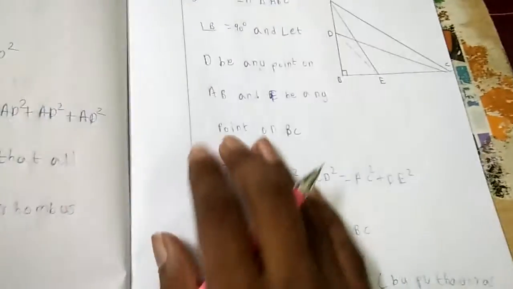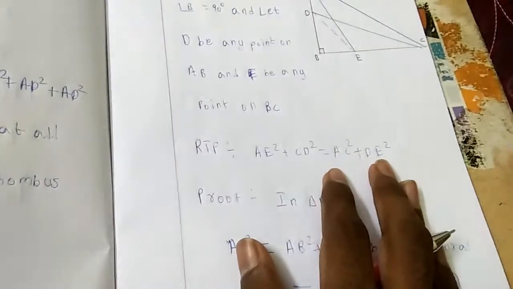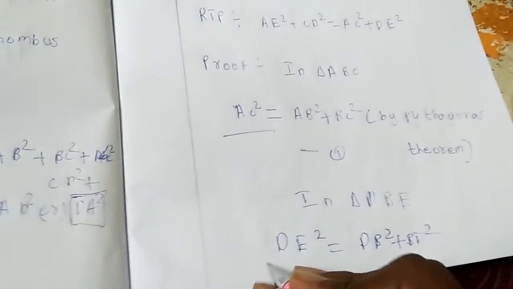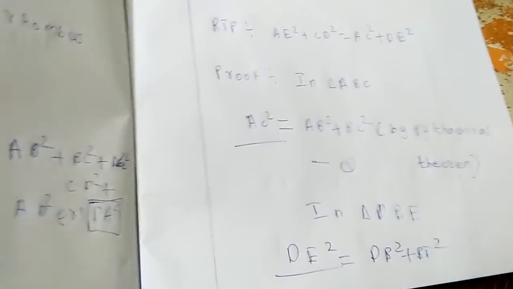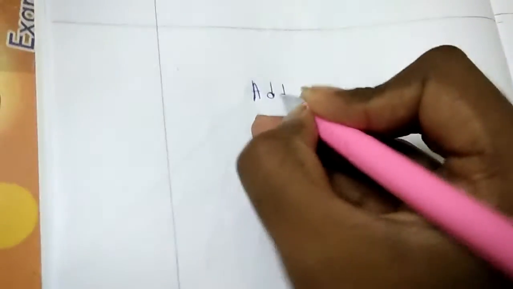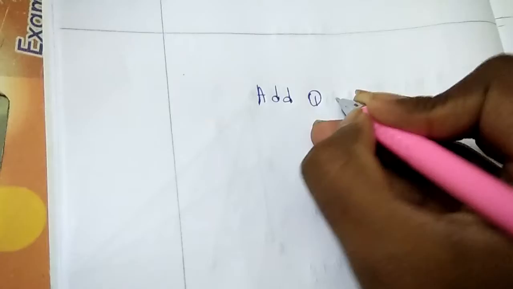So now we got AC square plus DE square here. Yes, no? Now you add equation number 1 and 2.